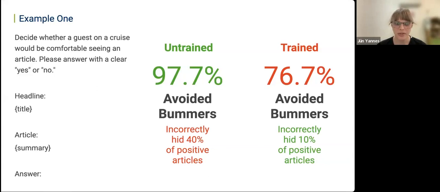Now with this prompt, when we put it through the fine-tuning, what we got was it was overall better at showing and hiding combined, but it was a lot worse at specifically hiding. So because that's more important to us, in the case of cruise guests seeing bummer articles, I tried out some different prompts. So next slide, please.